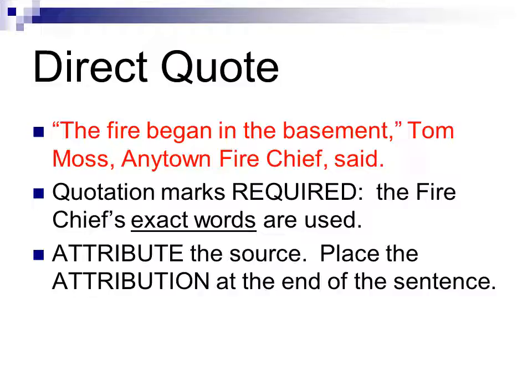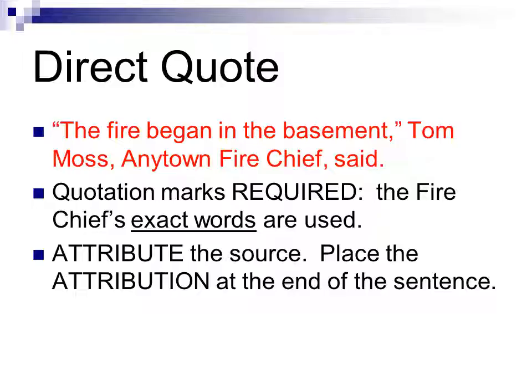The sentence in red: "The fire began in the basement," Tom Moss, Anytown Fire Chief, said. In this instance, the sentence, "the fire began in the basement," we put quotation marks around that information because those are the exact words that the fire chief, Tom Moss, spoke. This is called attributing the source. We place the attribution at the end of the sentence.